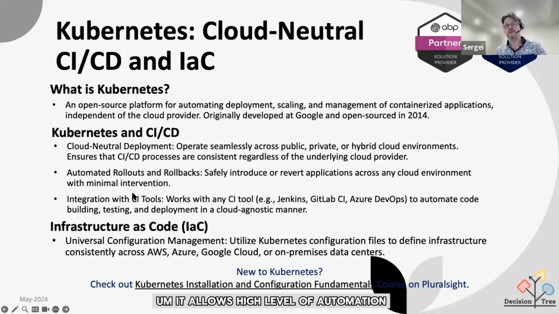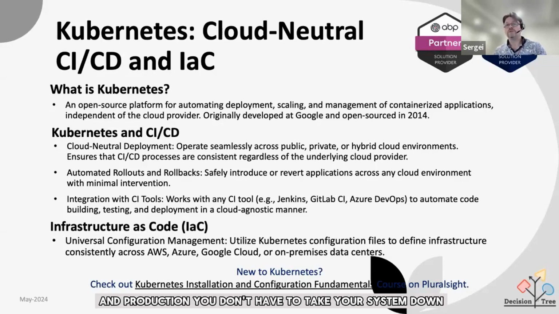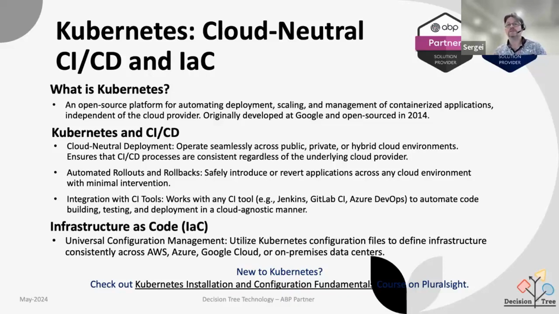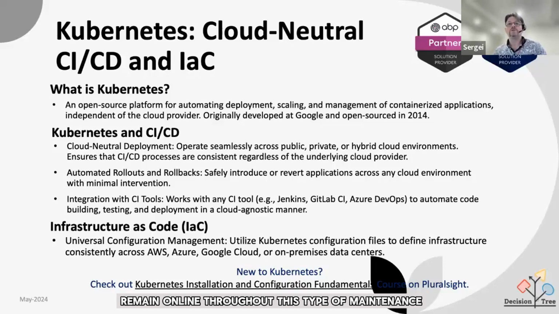It allows a high level of automation for your deployment, rollbacks, as well as scaling. You can increase the number of units of scale, so-called pods, on a Kubernetes cluster easily without impacting your system in production. You don't have to take your system down, upgrade, and then redeploy. It all happens live, and the mission critical applications remain online throughout this type of maintenance and change in configuration.